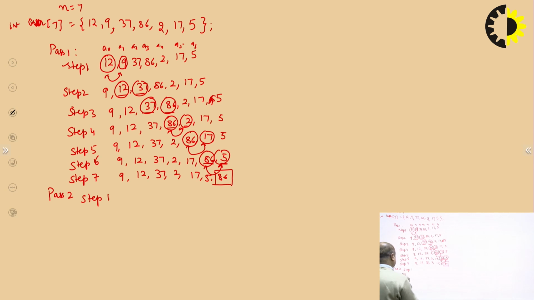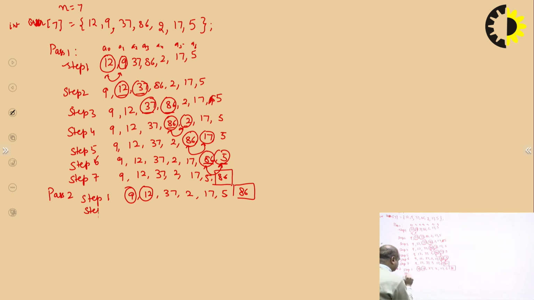So after pass 2 begins, we have 9, 12, 37, 2, 17, 5 and 86. 86 is the highest element, so we are not going to touch it. We compare these two. We see the previous element is smaller than the next element, so we are not going to swap these two elements.